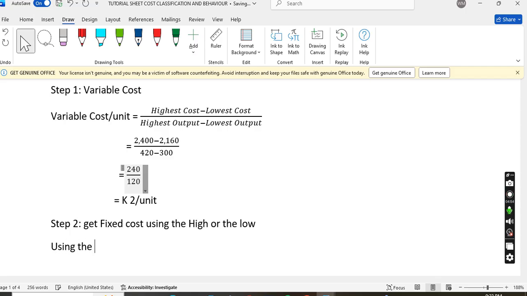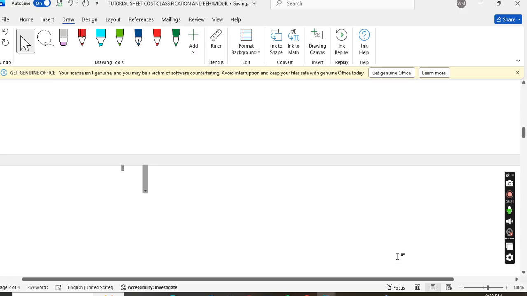So using the high, our highest total cost is 2,400, and the highest output is 420 units.